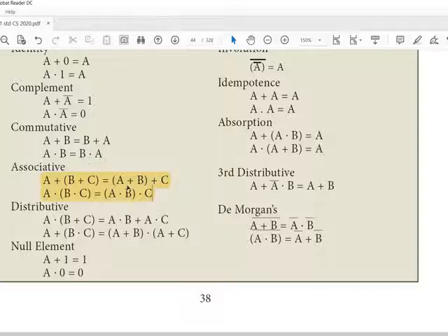The same will be obtained if I add A plus B and then add with C. So whichever bracket is done first, giving preference to any combination, the net result will be the same.